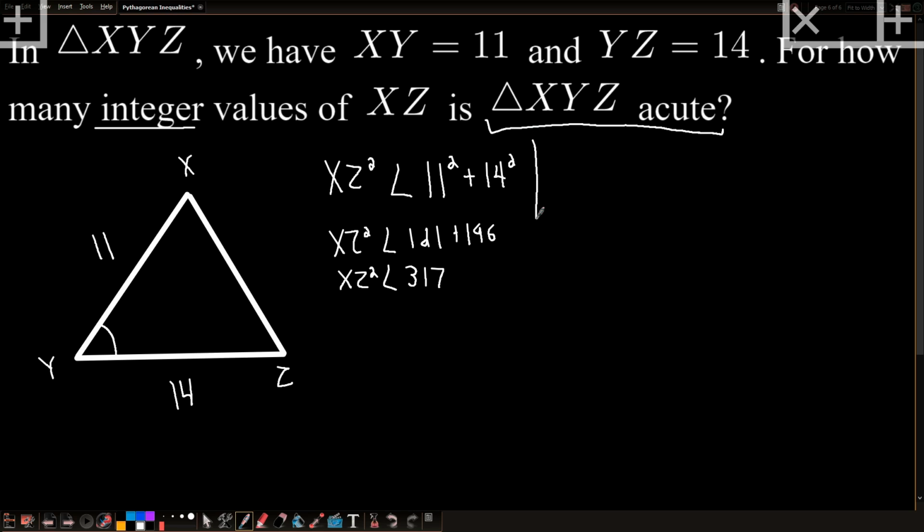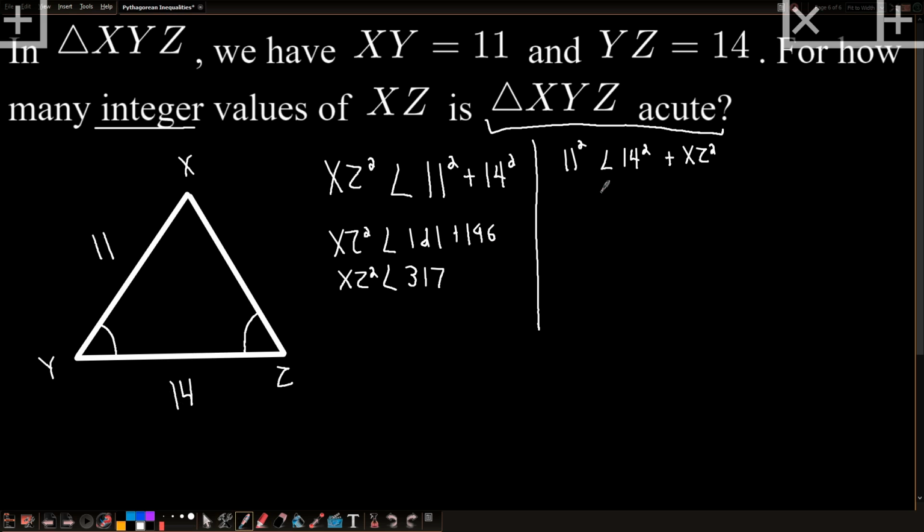Okay, but this is not the only situation we need to worry about. That's just for angle Y. What about angle Z? Because we need that to be acute as well. Well, then that implies that the side opposite to Z, so the 11 squared, would have to be less than 14 squared plus XZ squared. This is in order to show that angle Z is acute.